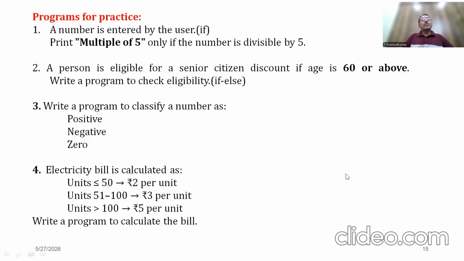In this case, you have to read the person's age via keyboard. After reading his age, you have to compare that age with 60. That means age is greater than or equal to 60. If the person's age is equal to 60 or above 60, then he is eligible to get a discount which is offered by a bank, right?